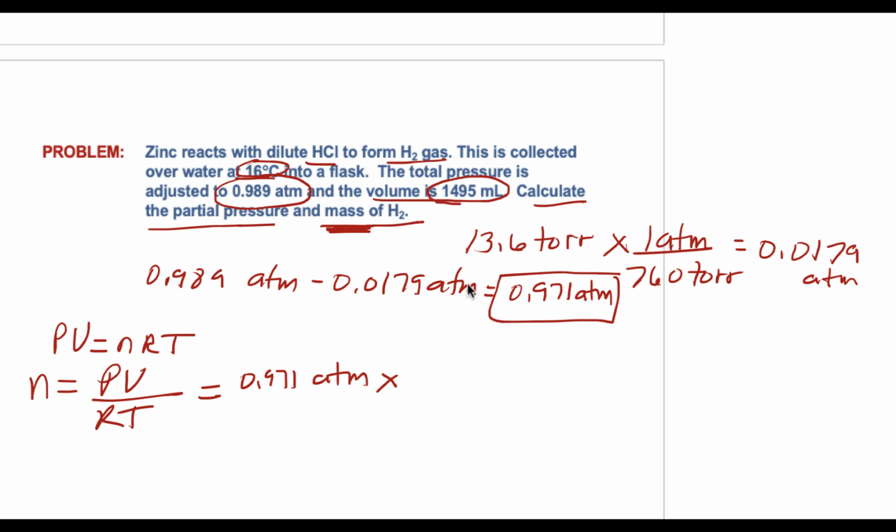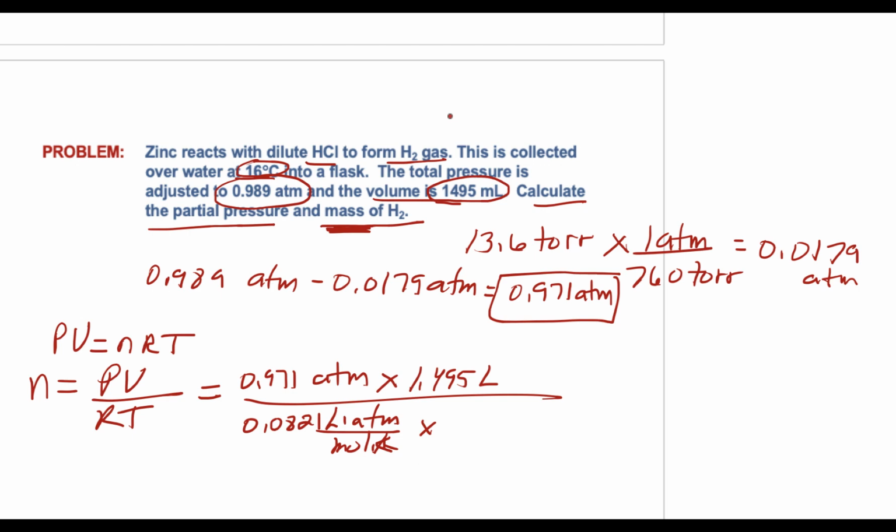So we divide this by 1,000, so that's 1.495 liters, divided by R, which is 0.0821 liters atmospheres per mole Kelvin, times the temperature, that's 16 degrees Celsius. We have to convert that to Kelvin.